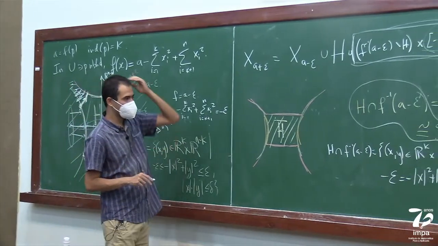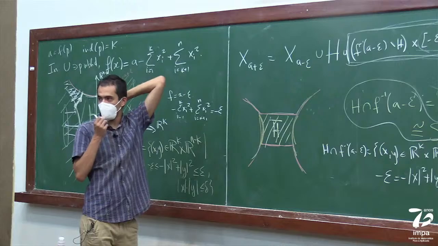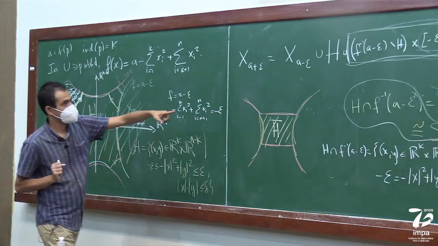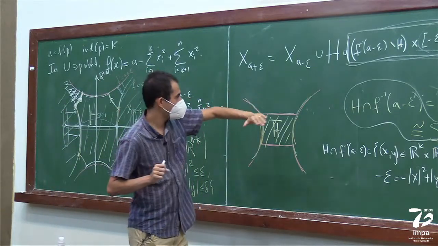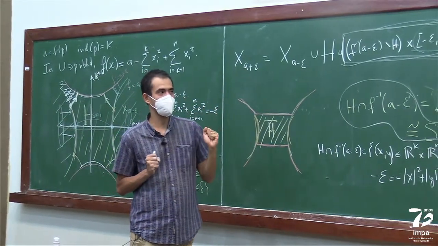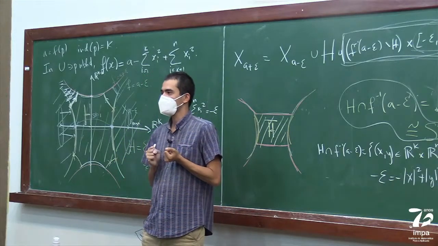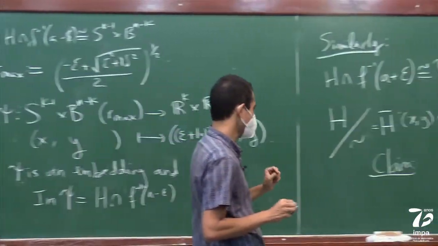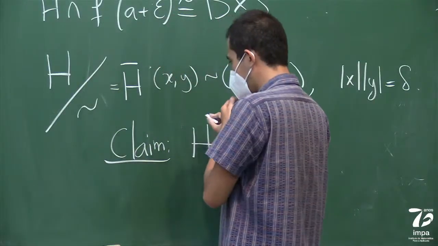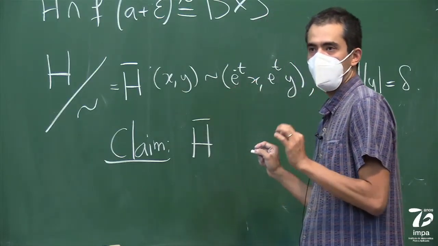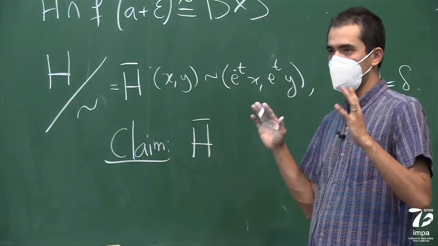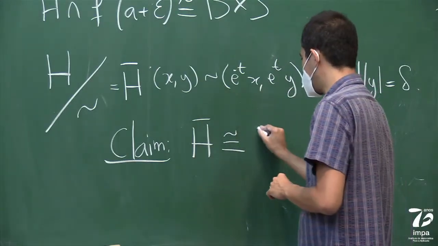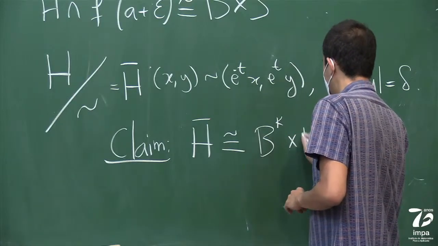So can you think of a manifold whose boundary has two parts? One of them is S^(k-1) times B^(n-k), and the other one is B^k times S^(n-k-1). Well, the claim is that H bar, at least as a topological manifold, is homeomorphic to B^k times B^(n-k).